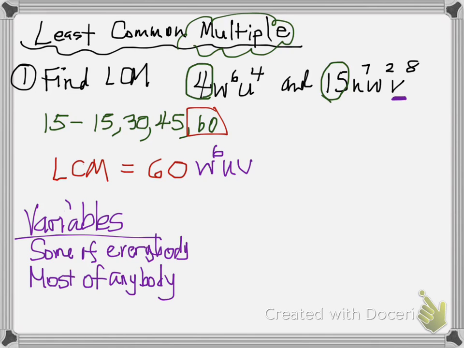I have a U to the 4th and a U to the 7th. So U to the 7th. And then check the V. I only had one V, V to the 8th. He's the only thing I had. And that is your common denominator. So your common denominator would be 60, W to the 6th, U to the 7th, V to the 8th.